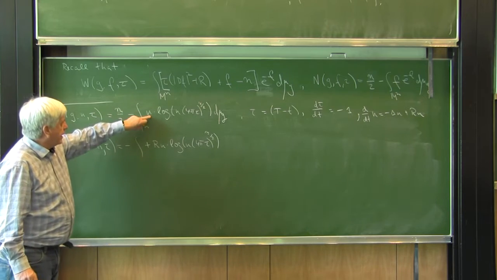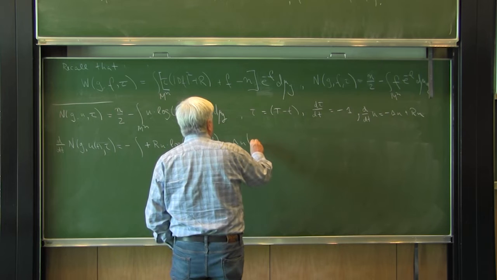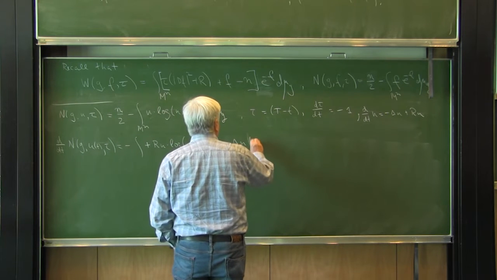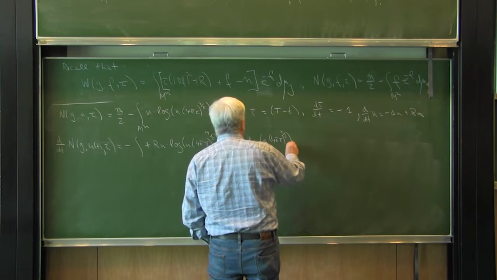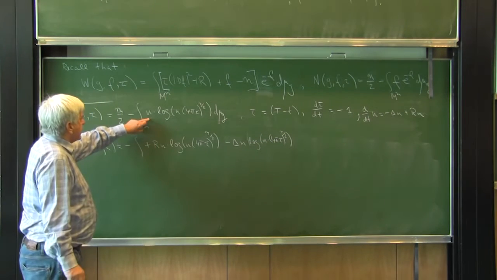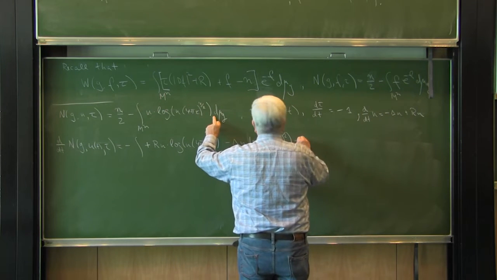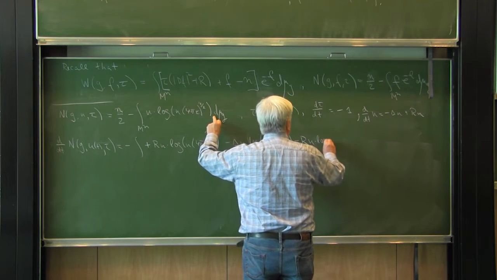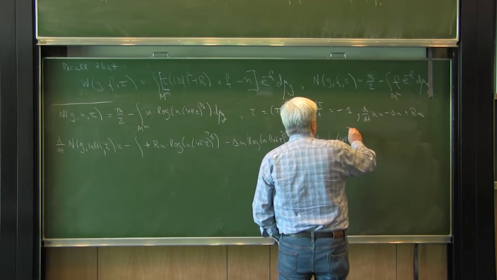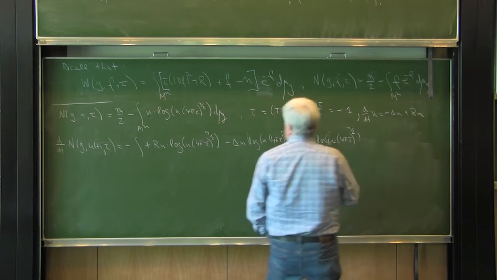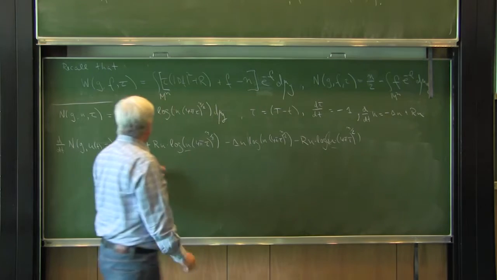This is from here, and then minus Laplace u times log u (4 pi tau) to the n over 2. This takes care of the derivative of this. Then let's take the measure. From the measure we get minus r times u times log u times (4 pi tau) to the n over 2. You see immediately that these two terms cancel again.